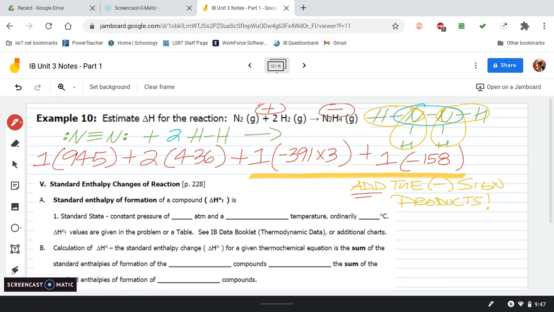So we're going to do 1 times the 945. And then we're going to add that to 2 times 436. I did that in parentheses. We're going to add that to, in parentheses, negative 391 times 3. And then we're going to add that to 1 times negative 158.